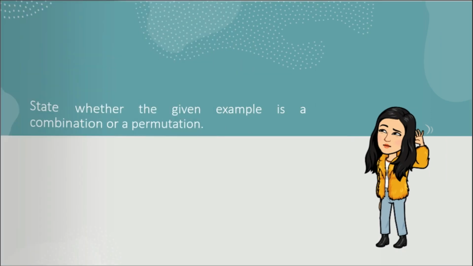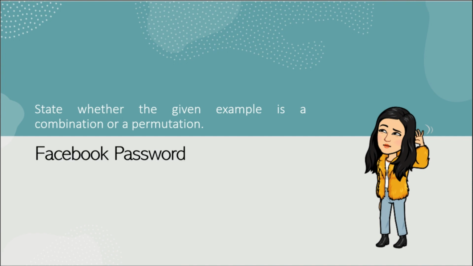Now, let us see some real-life examples. Then we're going to identify if each is an example of a combination or a permutation. Are you ready? The first one is a Facebook password. Is it a combination or a permutation? Let's say your password is 1, 2, 3, 4, 5, 6.